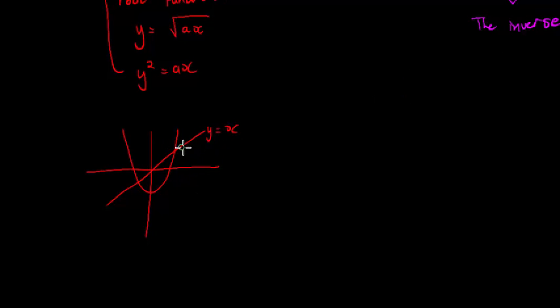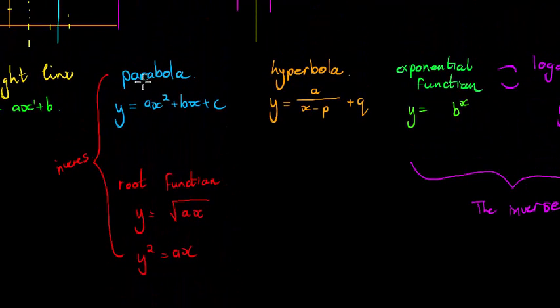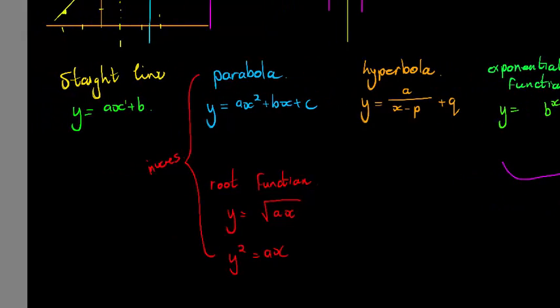So the inverse will look like this. Now it's not a function anymore, because when I draw, for every x value, there are now 2 y values. You see that? So there's something special that we need to do first before we can get the inverse of a parabola, so that the inverse is a function. Okay, but we'll look at that just now.